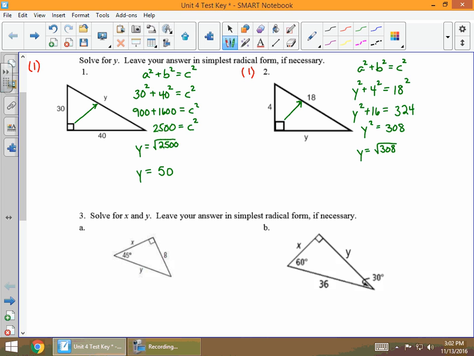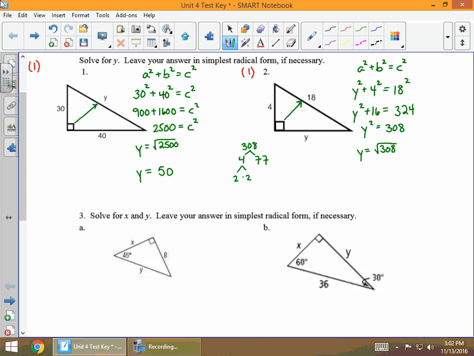The square root of 308 does not come out to be nice like it did in question 1. If I wanted to do the factor tree of 308, 308 is 4 times 77. 4 is 2 times 2.